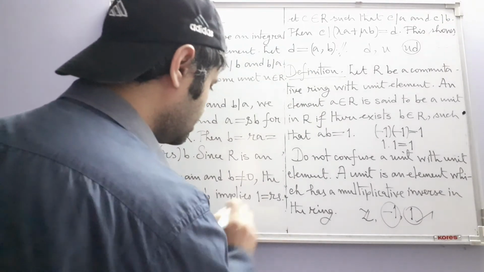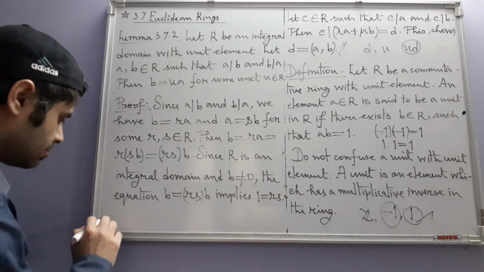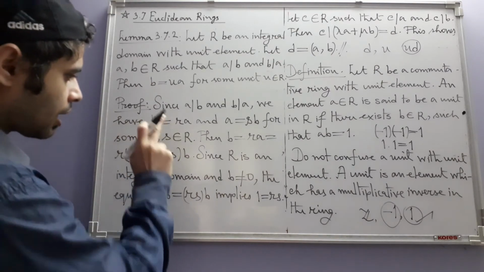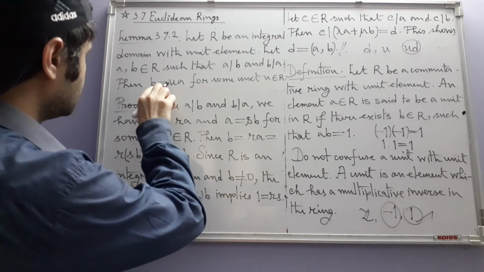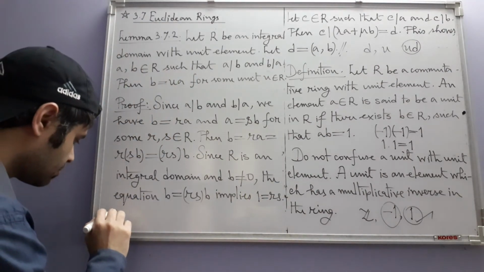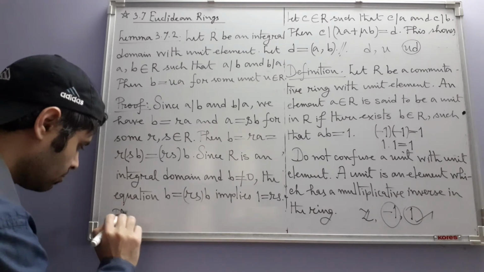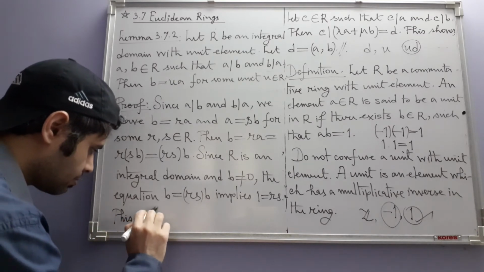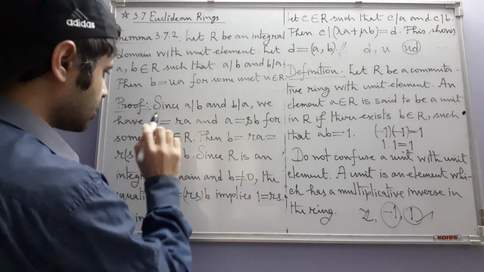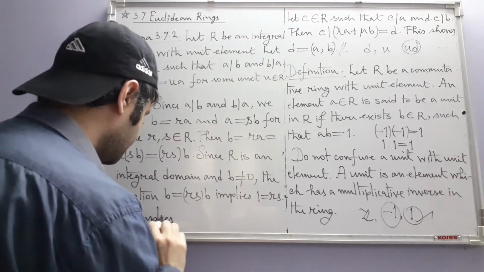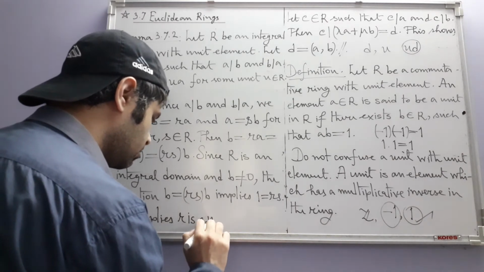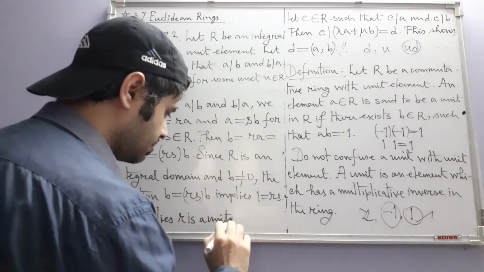Okay, so now we have 1 is equal to RS. So that automatically tells us that R is a unit, or yes, R and S both are units. This implies, but we only need the uniqueness of R. This implies R is a unit.